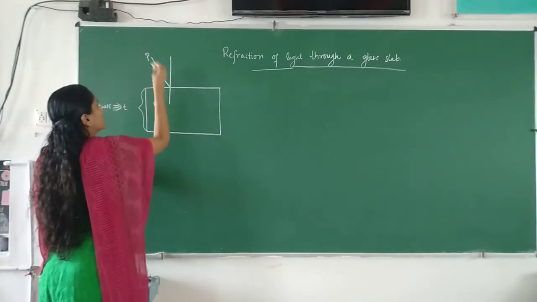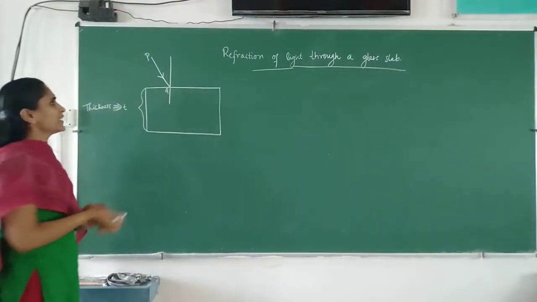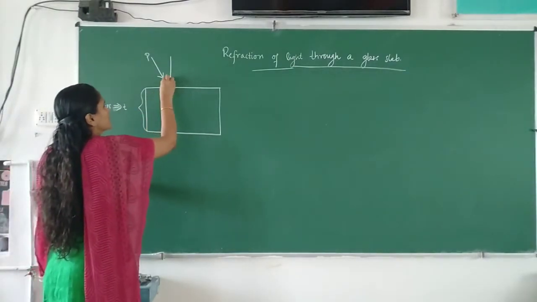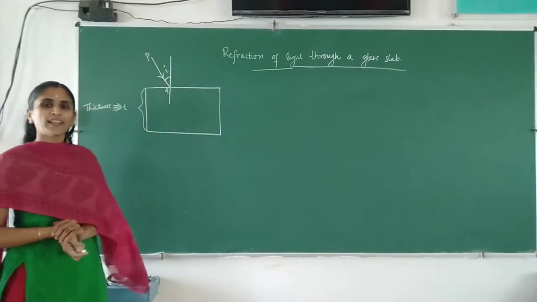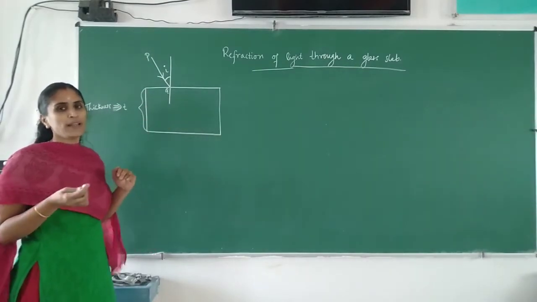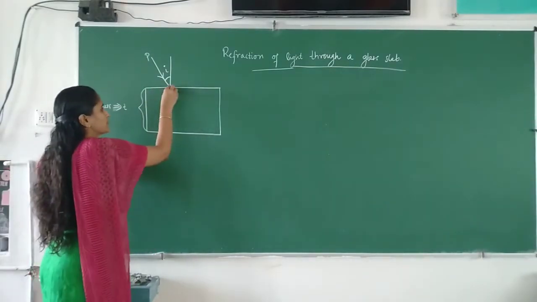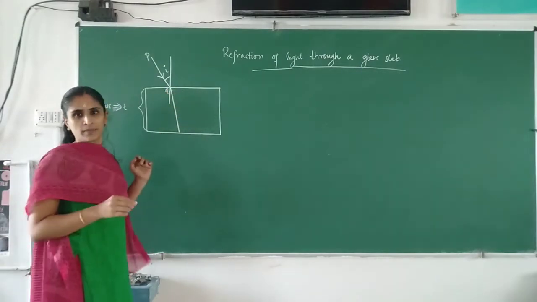This PQ is our incident ray, incident at an angle theta. What will happen to that ray? It is traveling from rarer to denser medium, so it will bend towards the normal.